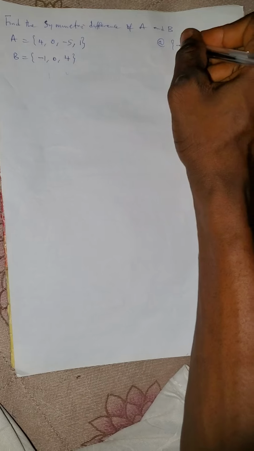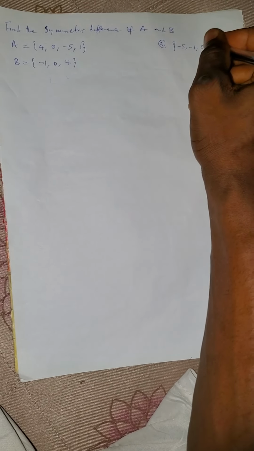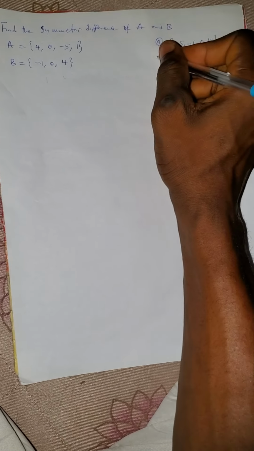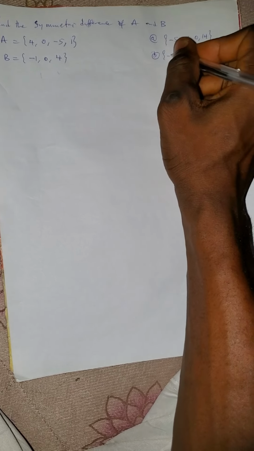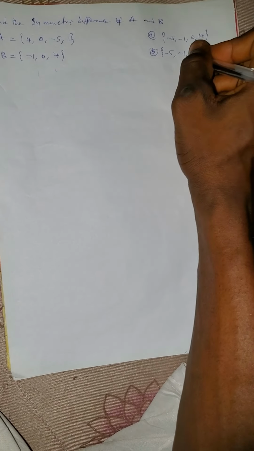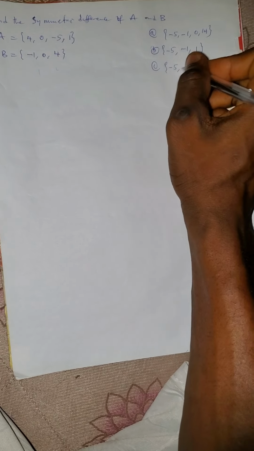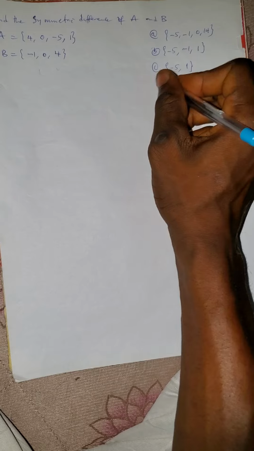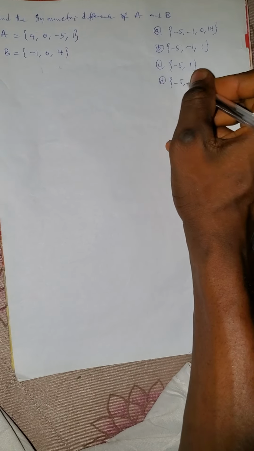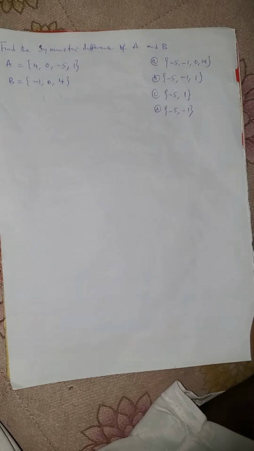Option A: minus 5, minus 1, 0, and 1, 4. Option B: minus 5, minus 1, and 1. Option C: minus 5 and 1. Option D: minus 5, minus 1.